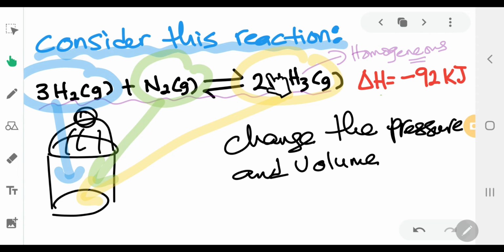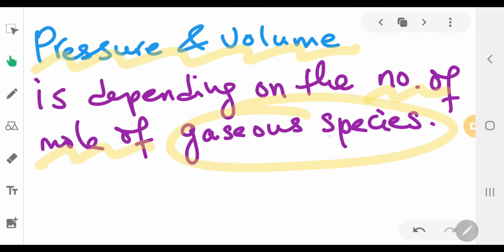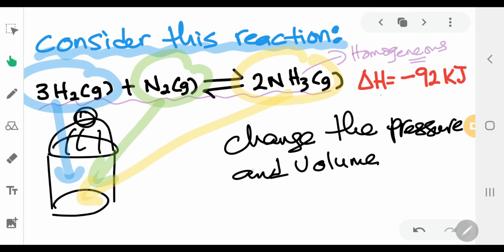That's why we're going to look at the number of moles of gaseous species. It's not like concentration. For concentration, we can simply change this one, or maybe change that one, or change both of them at the same time. We can do that for concentration.